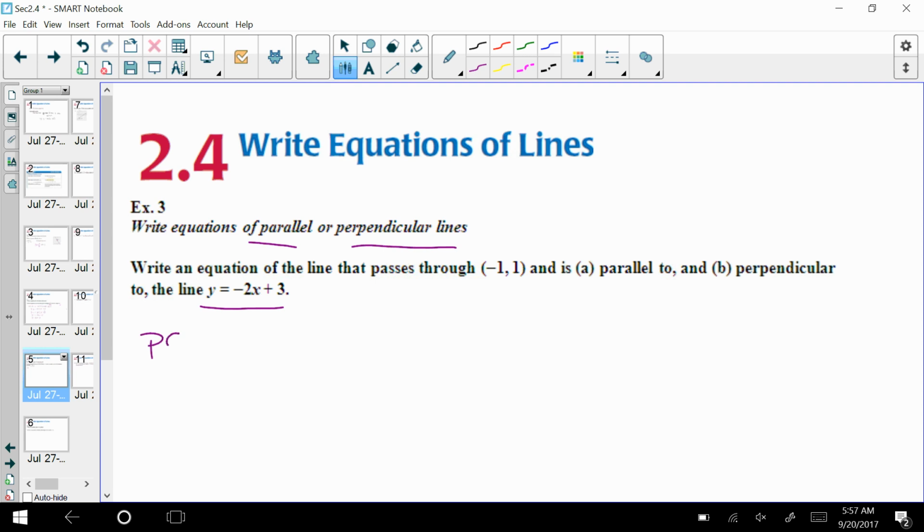So for parallel lines, we know that m equals -2 because the slope is -2, and lines that are parallel to this will have the same slope, and a line that's perpendicular to that line will have a slope of m equals the opposite reciprocal, which in this case is 1/2.